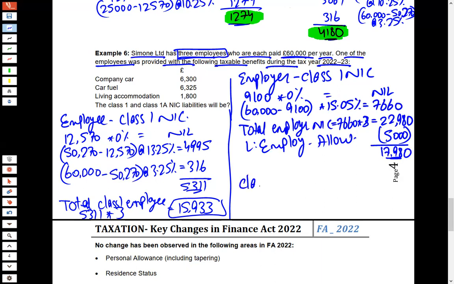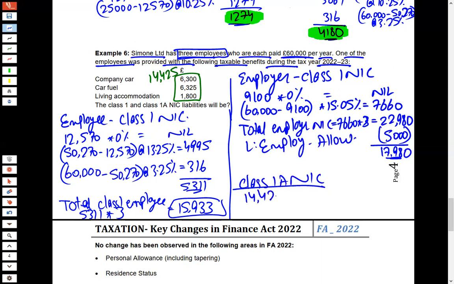Then class 1A NIC. For class 1A NIC, I need to sum the net taxable benefits. The sum of net taxable benefits should be 14425.